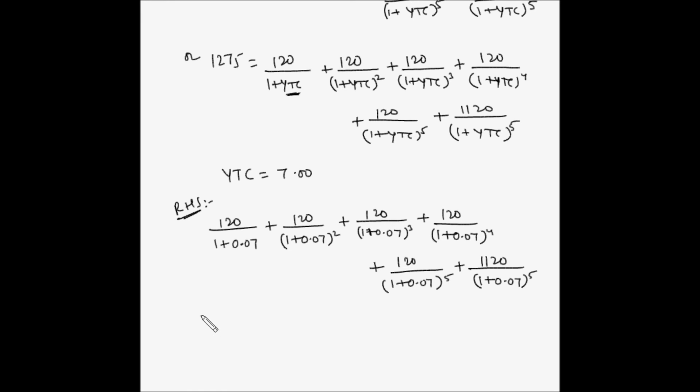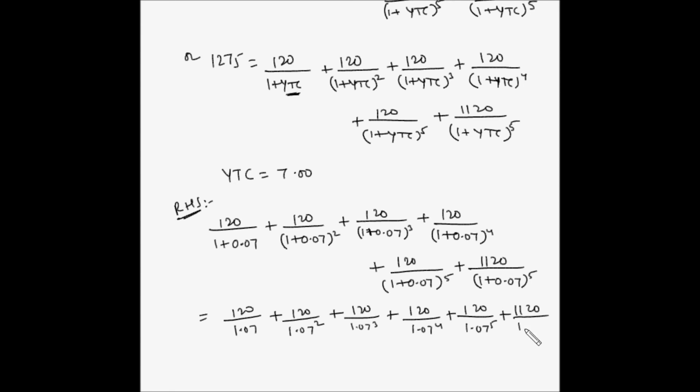So this is equal to 120 divided by 1.07 plus 120 divided by 1.07 square plus 120 divided by 1.07 cube plus 120 divided by 1.07 to the power 4 plus 120 divided by 1.07 to the power 5 plus 1120 divided by 1.07 to the power 5.